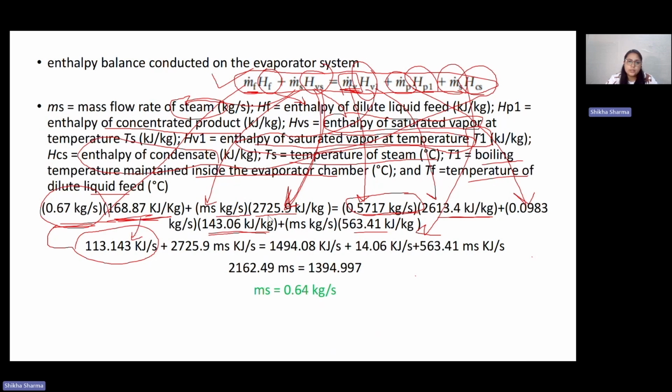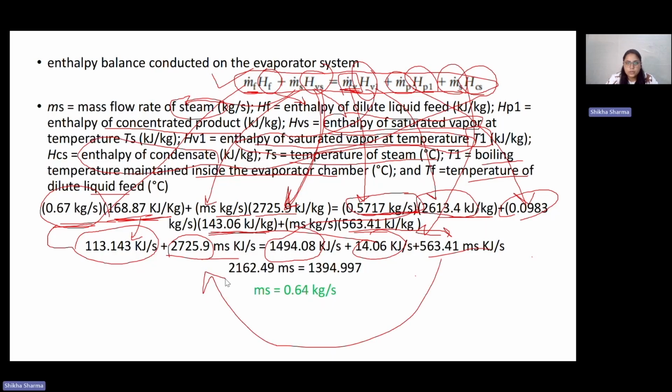Then MS into 2725.9 equals 0.5717 into 2613.4, which equals 1494.08, plus 0.0983 into 143.06, which is 14.06, plus 563.41 into MS. So now this is an MS term and this is an MS term, so it will come here.